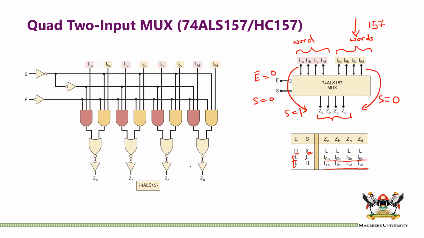Let's see how this might work. Let's say in this case that S is 0. If S is 0, here it becomes 1. And if that becomes 1, this becomes 0. If it is 0, you can cancel that. That one goes there. You can cancel that. You can cancel that. And so you can see that I1 is going in here. Now these are the correct ones.